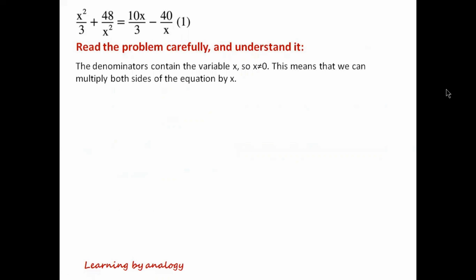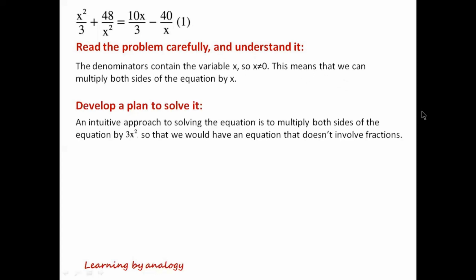The denominators contain the variable x, so x doesn't equal 0. This means we can multiply both sides of the equation by x.